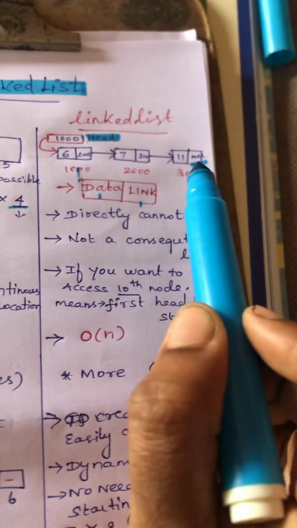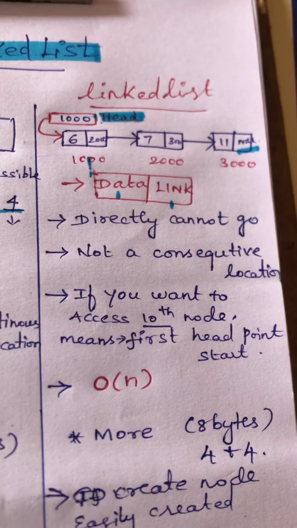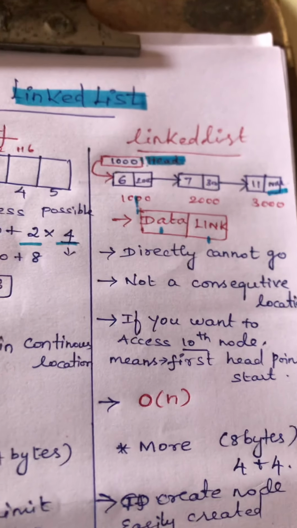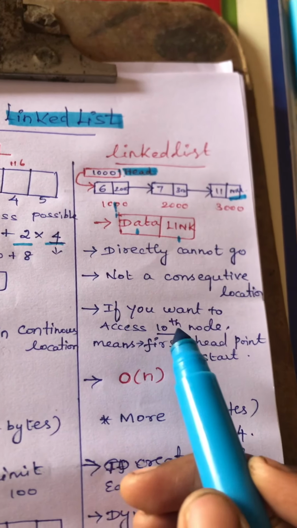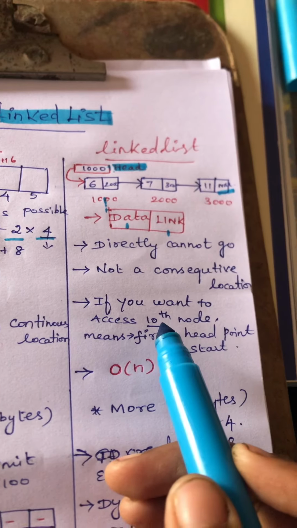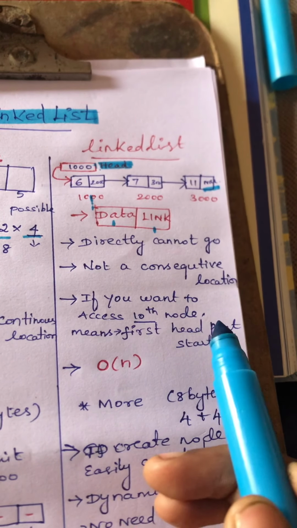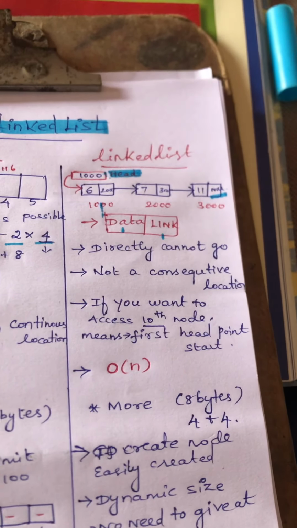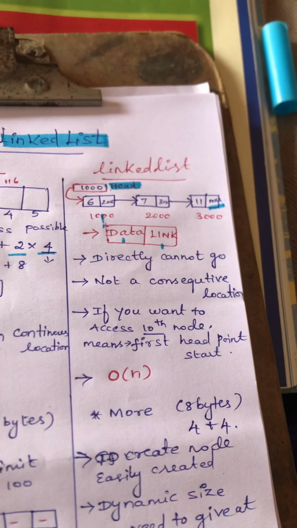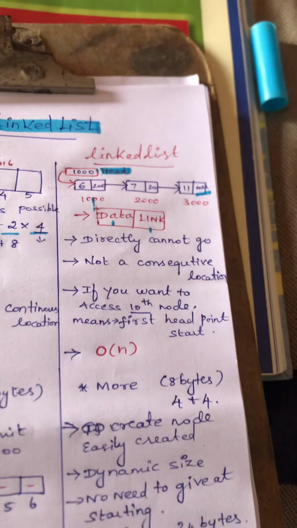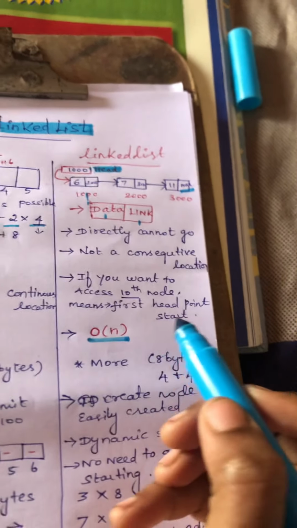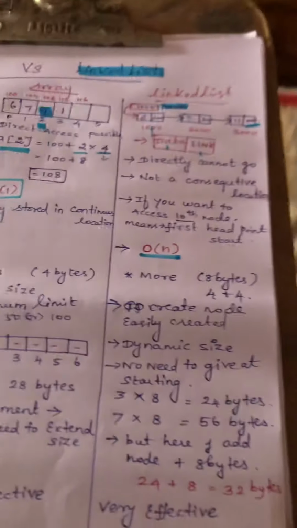In this manner only we can access the data; we can't go directly. If we want to access the 10th node, first you have to start from the head pointer, and only after moving 10 times can you access the 10th position. So here the time complexity is order of n, since n movements are needed.